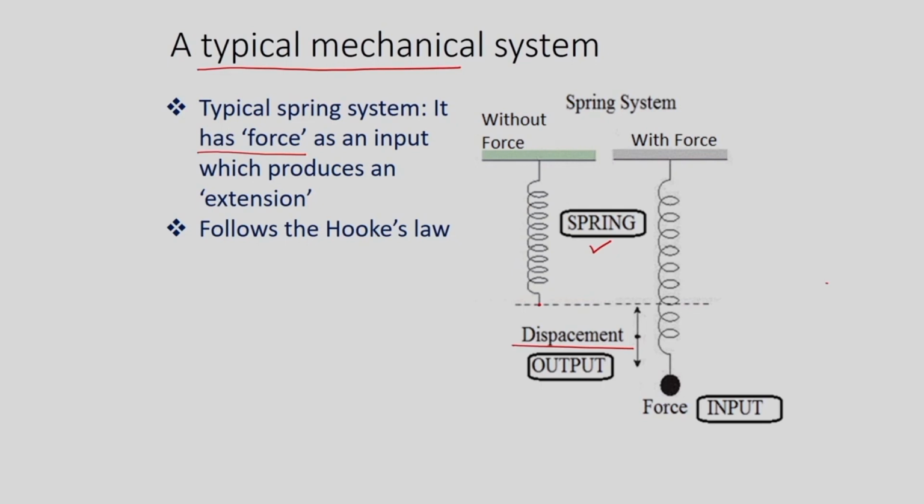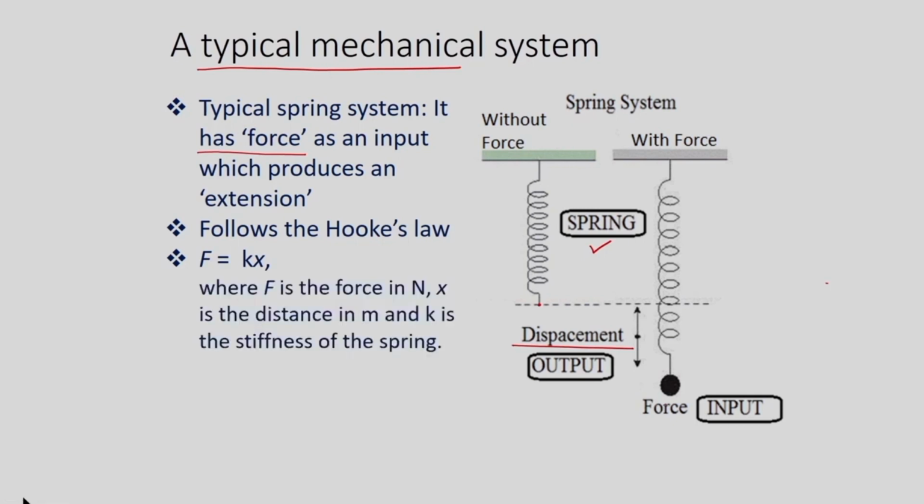It restores the spring to its equilibrium length. So if we write Hooke's law, it is simply F = Kx, where F is the force in Newtons, x is the distance in meters and K is the constant of proportionality, called the stiffness of the spring.